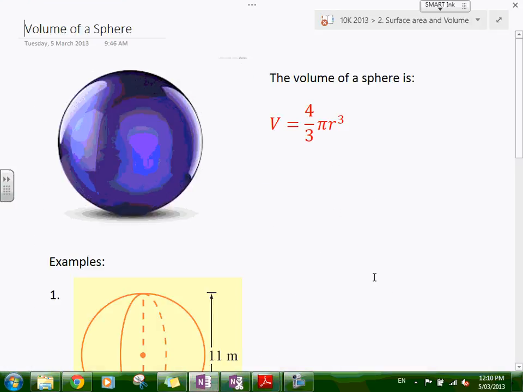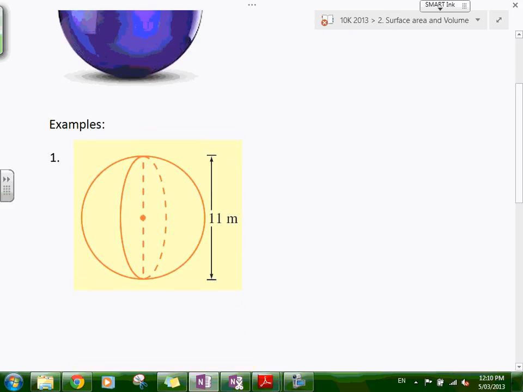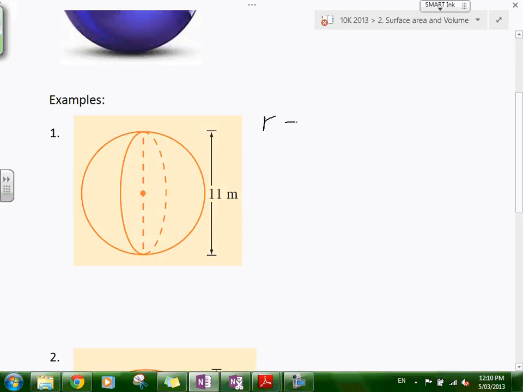Thomas? 5.5 meters is the radius. And so to apply the formula, we have to do V equals 4 over 3 pi times 5.5 cubed.